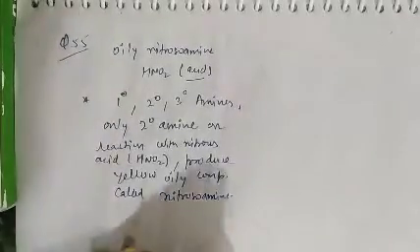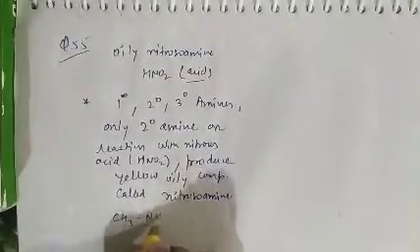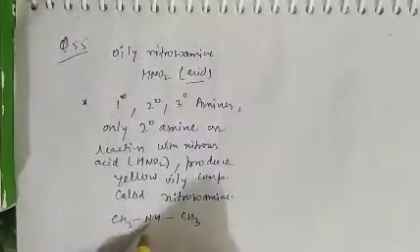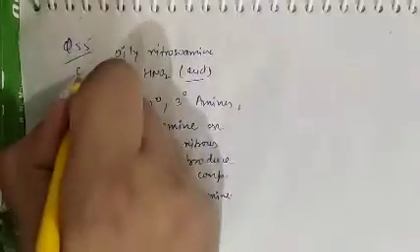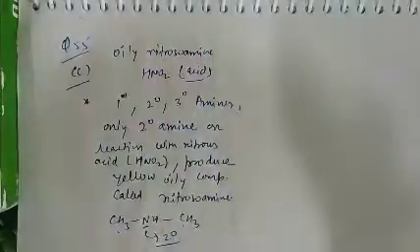As per the options, the 2 degree amine is given in CH3NHCH3, where nitrogen is connected to 2 carbons, so it is a 2 degree amine. Question number 55, option C is correct. See question number 56.